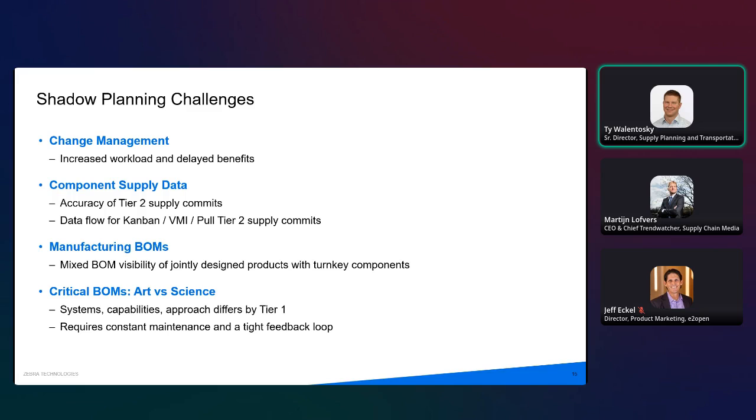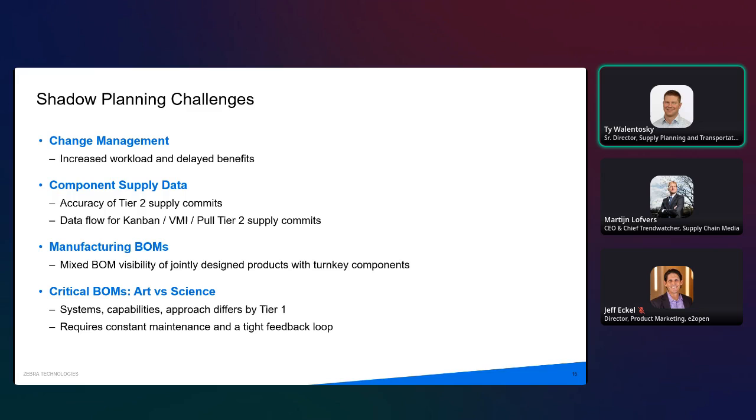And it's kind of a special skill set that we don't have inside of Zebra, because we've relied on our tier 1s to perform this part of the operation for us, right? So really what we've been talking a lot about is how do we learn from our tier 1s, and how do we develop this capability and this skill set within our supply planning team?